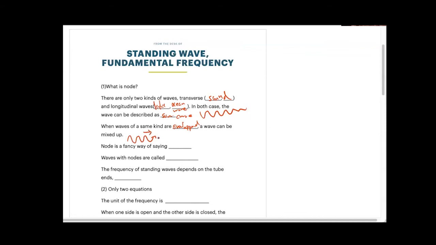And when you have the same waves but in a different direction like this, if you have these two waves in the same place, these waves are going to make this type of waves.